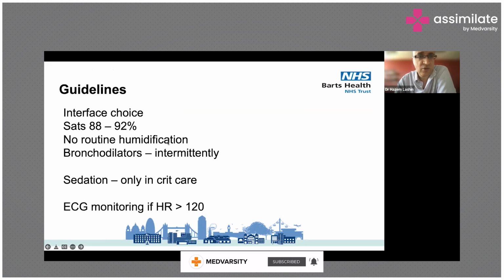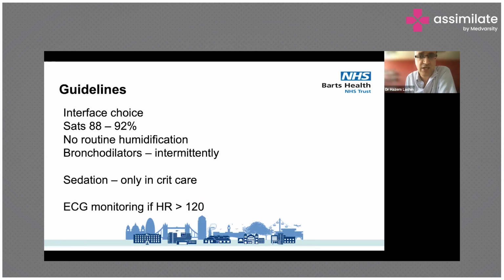Oh, sorry. So the guidelines also stress the importance of interface choice. Masks have to be fitted properly to the patient to reduce the leak and to ensure good compliance. SATS 88 to 92. Also the guidelines advise that we should not routinely humidify the circuit, but it can be considered in some circumstances.